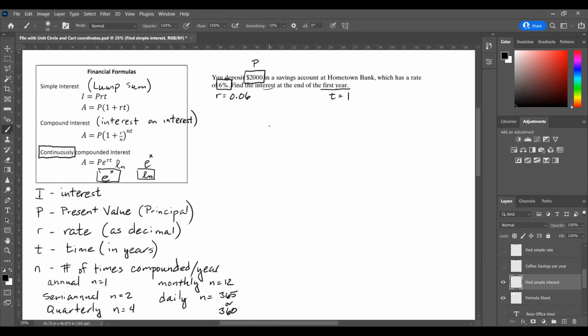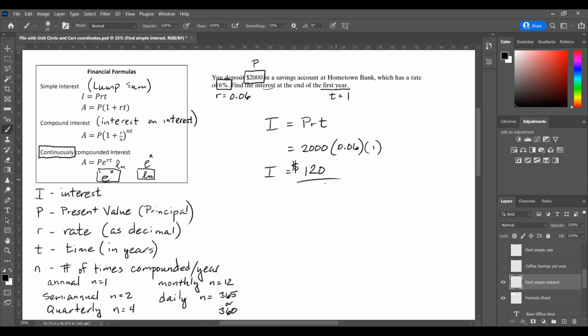They don't tell us it's compounded, so we know it's simple. And if all they want is the interest, we'll use I equals PRT. Our principal is $2,000. The interest rate is 6%, and time is 1 year. So we just multiply those three together. 2,000 times 0.06 times 1 is $120.